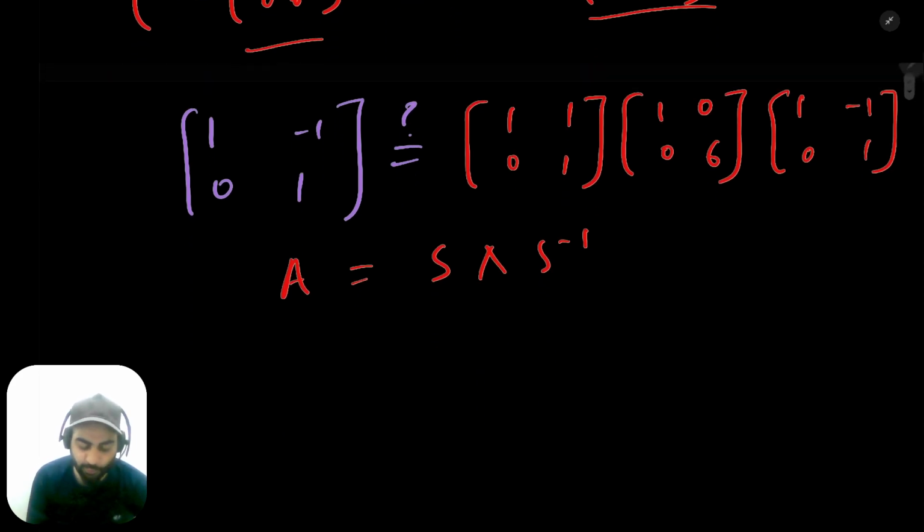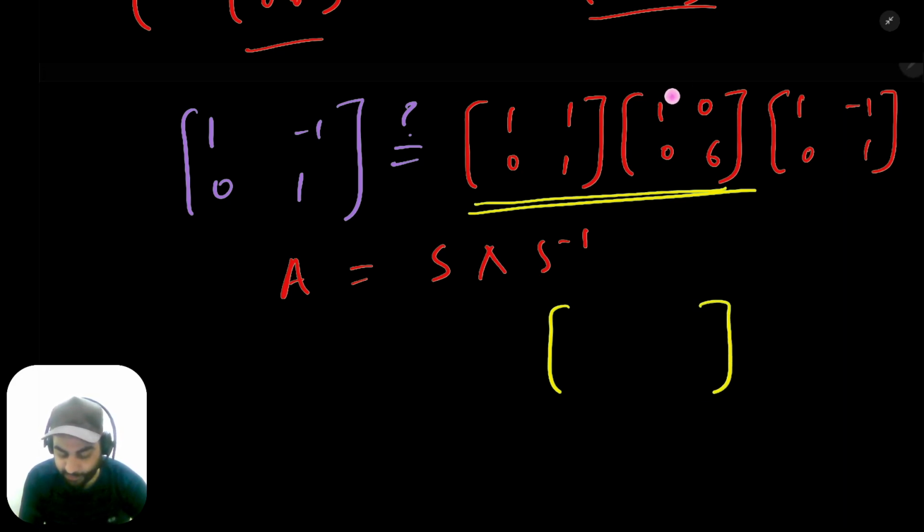We need to verify if this is right. Theoretically we showed it is right, but to convince yourself you have to do this. Let's first multiply these two matrices. Take one of the first column and none of the second column, so the first column will be 1 0, then 0 of the first column and 6 of the second column, so 6 6.